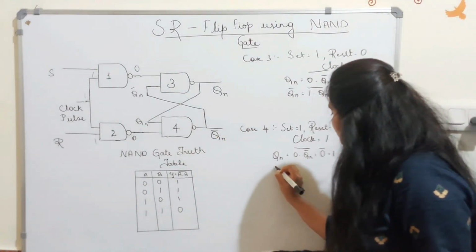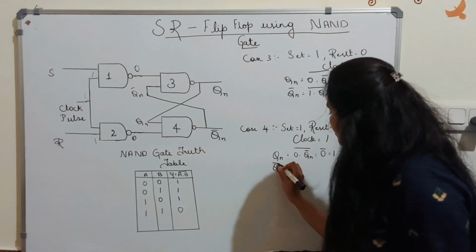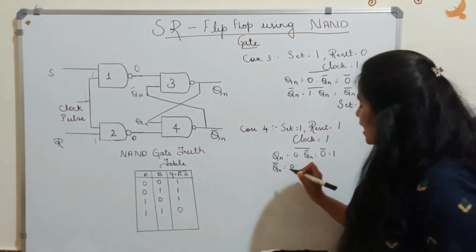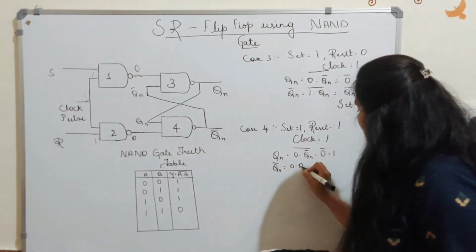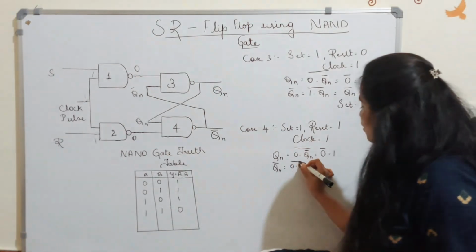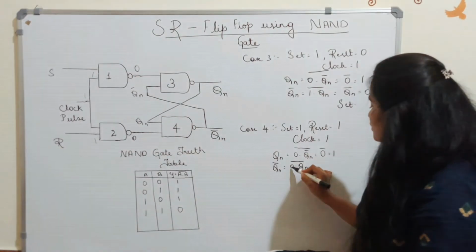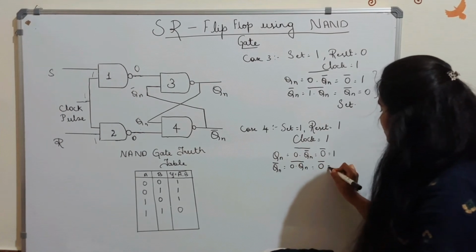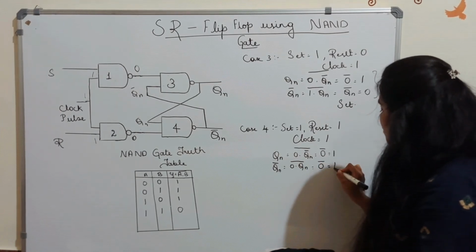Considering the second output, that is Qn complement is equal to, the first input is 0 and the second input is Qn. With reference to the expression, I'm just complementing it. Qn into 0 is 0. I'm writing down this complement over here. 0 complement is 1.